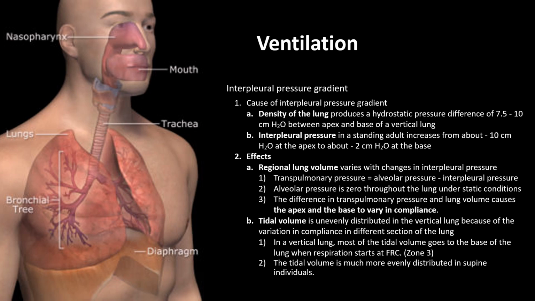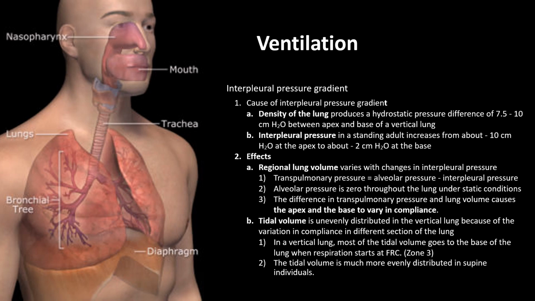The density of the lung, which produces a hydrostatic pressure difference of 7.5 to 10 centimeters water between the apex and base of the vertical lung. 2. Intrapleural pressure in a standing adult increases from about negative 10 centimeters water at the apex to about negative 2 centimeters water at the base.